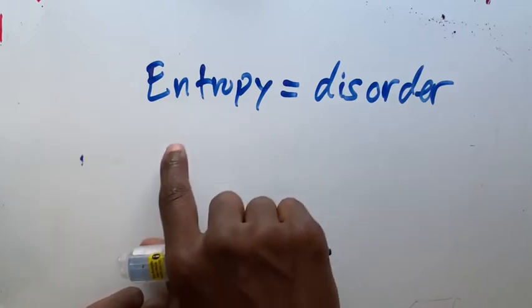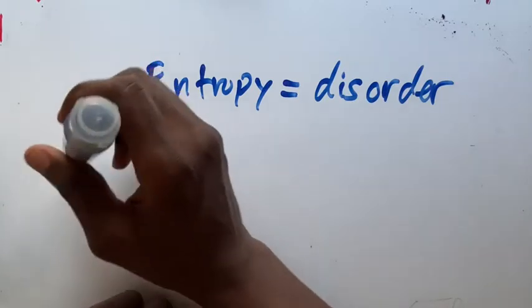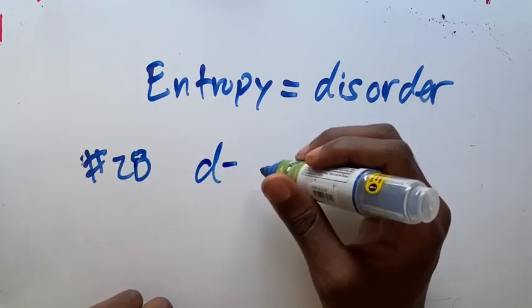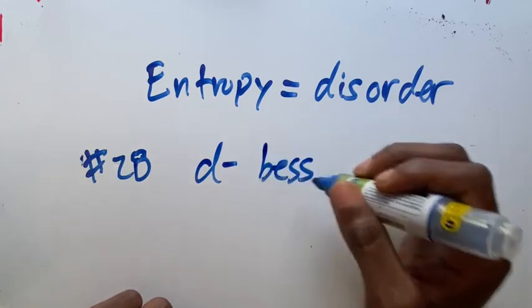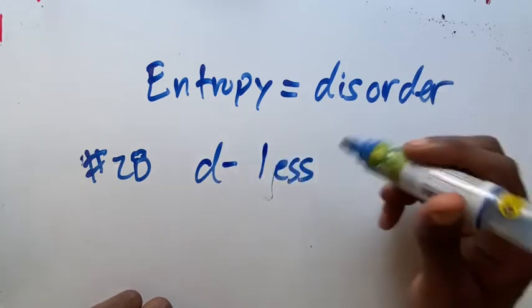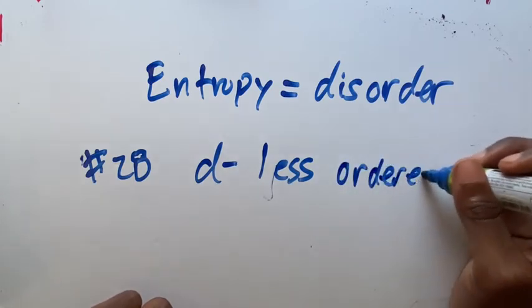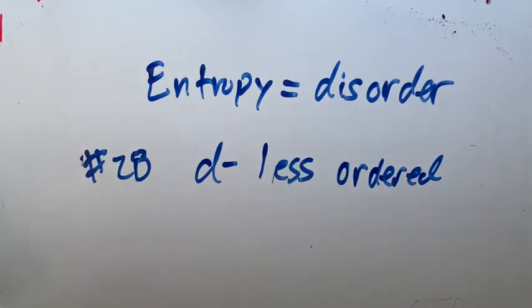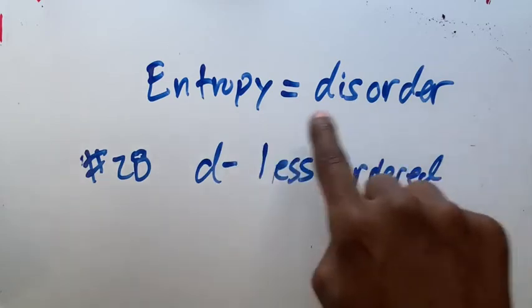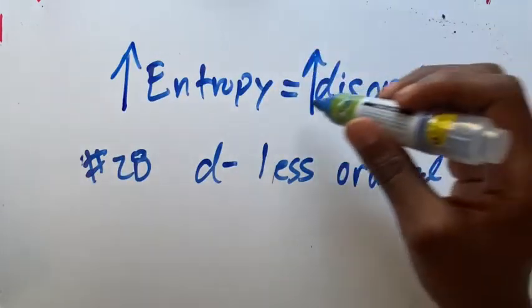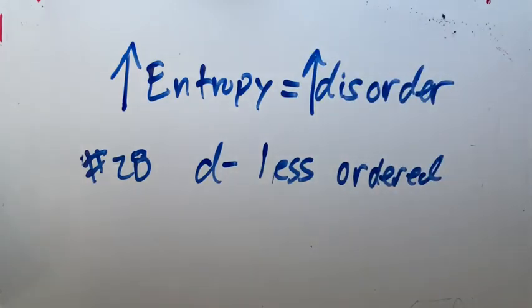And so for number 28, as entropy increases, it becomes less ordered. If entropy increases, then basically we're increasing the disorder, or in other words, it becomes less ordered.